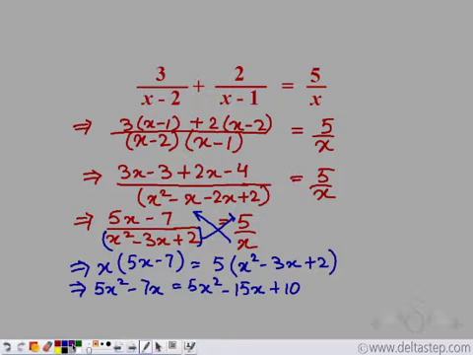Now, we have a 5x square and a 5x square here. So, if we take this 5x square to the left hand side, it will become negative 5x square. 5x square and negative 5x square will give us 0. So, this x square term will disappear.